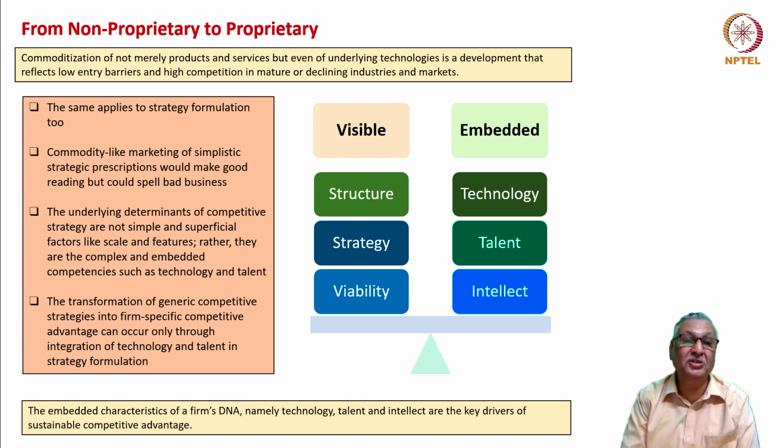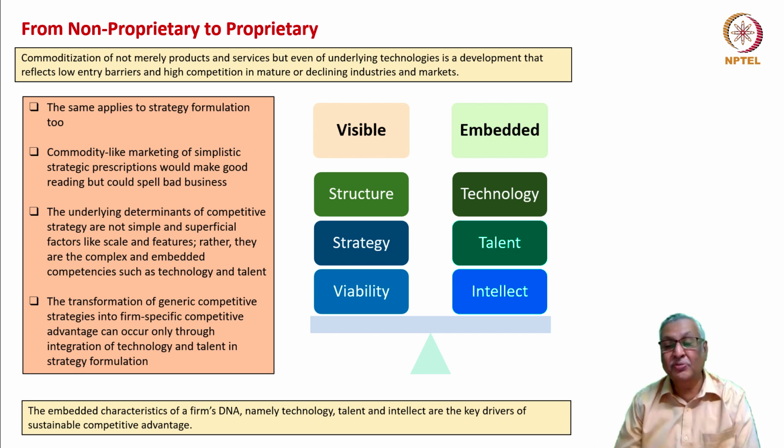That's why I keep suggesting several approaches which are far beyond what Porter has suggested, be it the dimensioning of features, the competitor clusters, or the inside-out to outside-in or outside-in to inside-out trade-off. These are all the new constructs proposed in this series of lectures for you to move from a non-proprietary situation to a proprietary situation, even in strategy formulation.